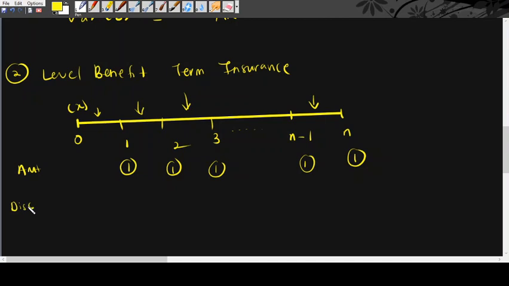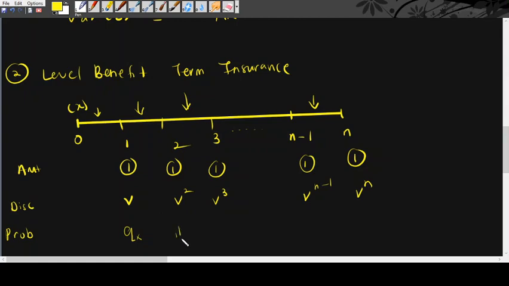The discount factor would be v, v squared, v cubed, depending on the years, up to v^n. For the probability of receiving this, the policyholder has to die here, which is q_x.